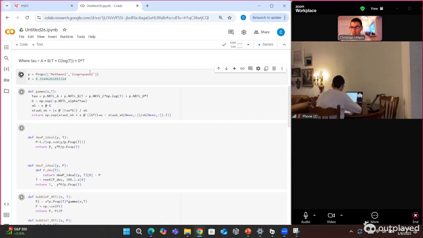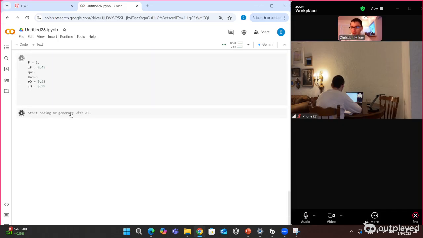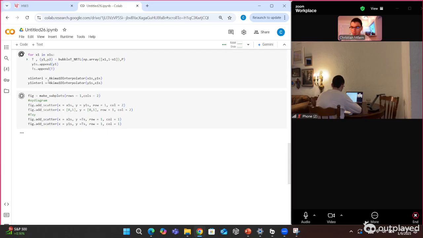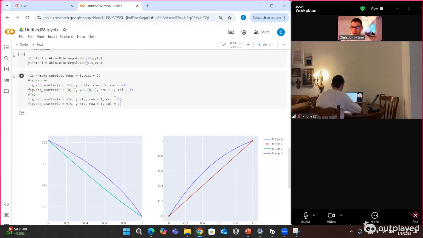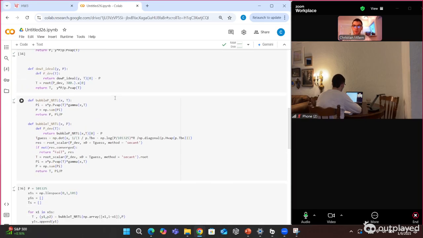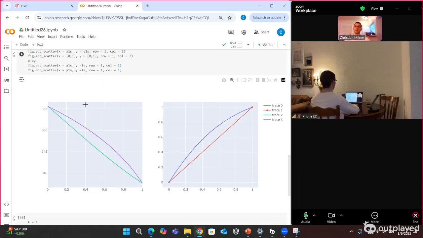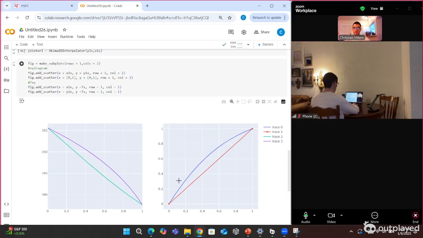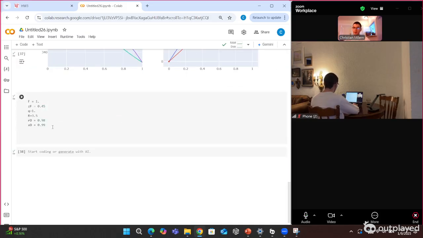Run cell in below. There we go. Okay, so this is all the code that we had for part A and B. So we get new TXY diagrams and a new XY diagram from this. No more azeotrope. So let's go ahead and get started.